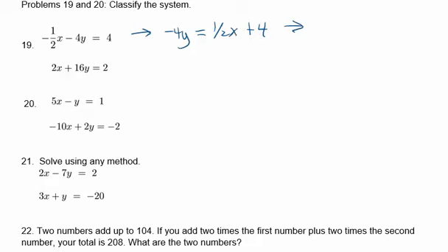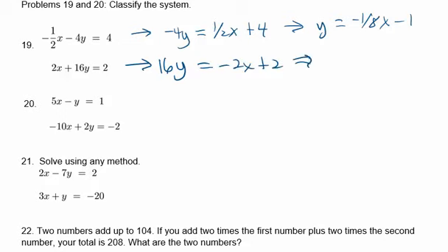And then if you divide both sides by negative 4, we get y is equal to negative 1/8 x minus 1. In the second equation, we get 16y is equal to negative 2x plus 2. And divide both sides by 16, and we have y equals negative 1/8 x plus 1/8.